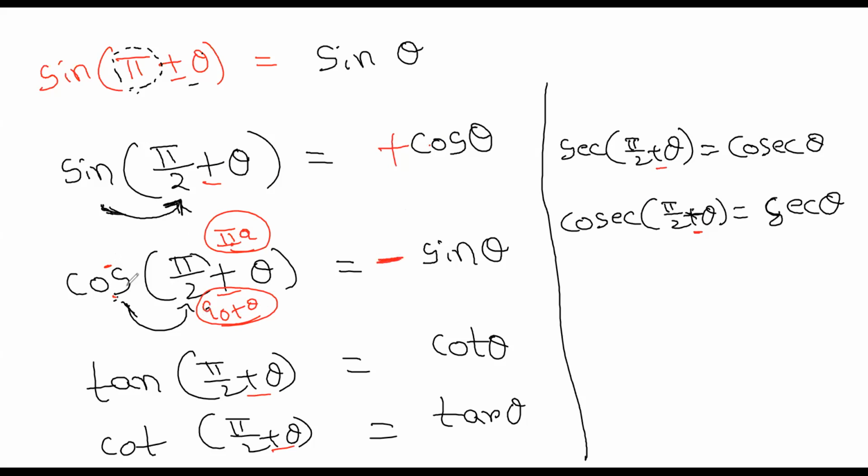So cos of pi by 2 plus theta becomes minus sine theta. Now tan of pi by 2 plus theta will also be negative, because tan in the second quadrant is negative. That is minus cot theta. Next, cot of pi by 2 plus theta is also negative. Secant of pi by 2 plus theta is negative. Cosecant of pi by 2 plus theta will be positive.